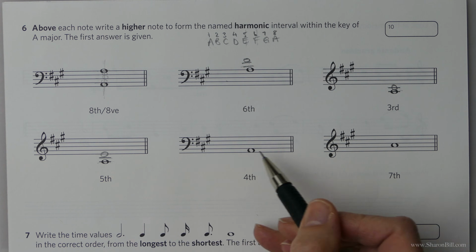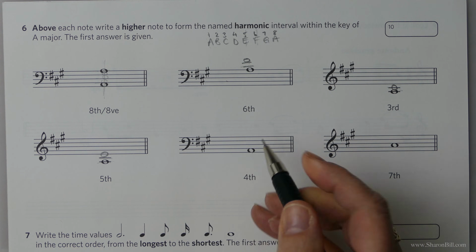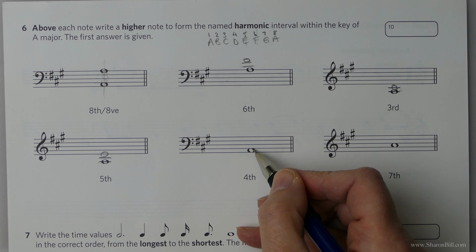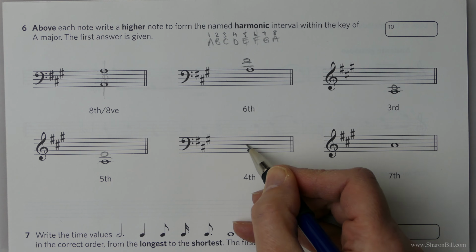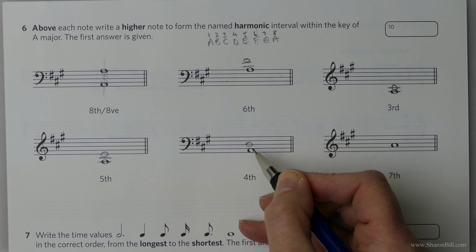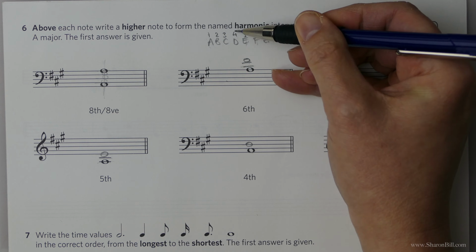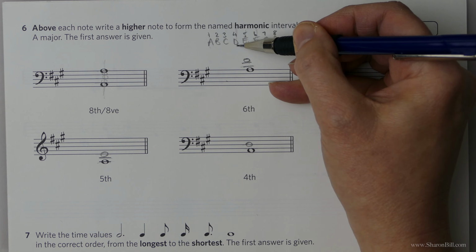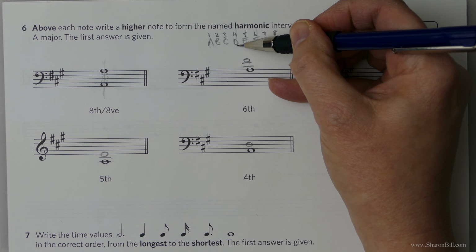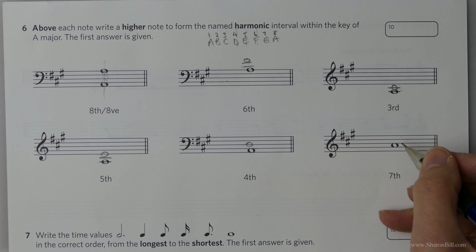Back into the bass clef now, counting a fourth from this low A. So counting space, line, 1, 2, 3, 4. And that takes us to, good boys deserve, a D, and we can see D is the 4th degree of the scale, so we know we've got that one right. Now we're in the treble clef again, a bit higher.